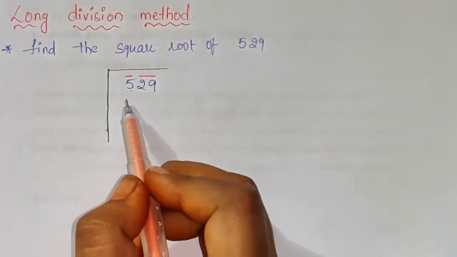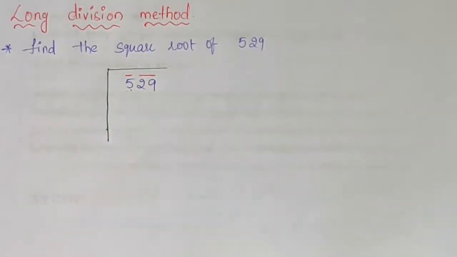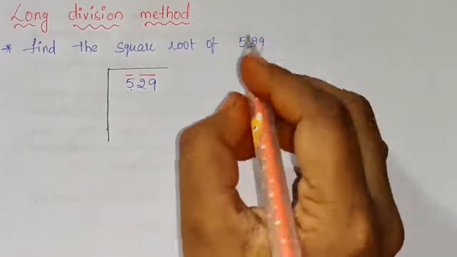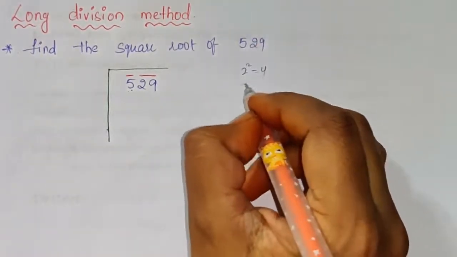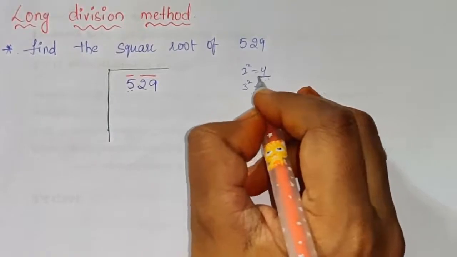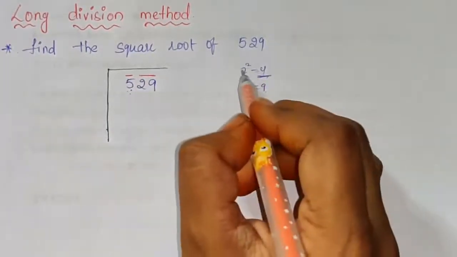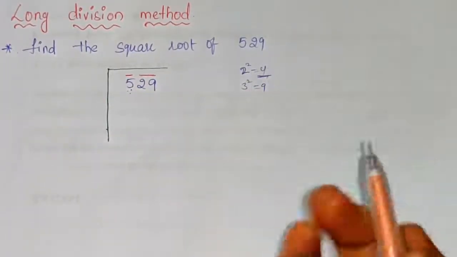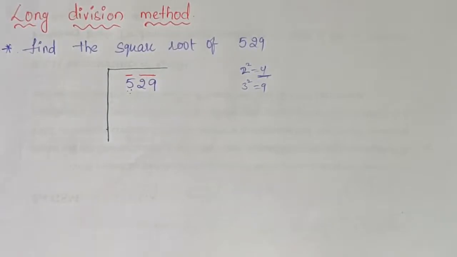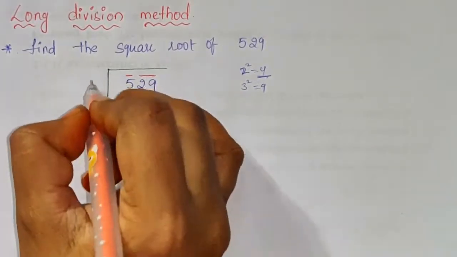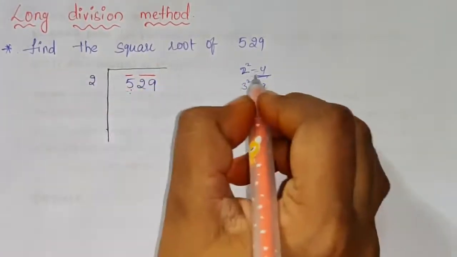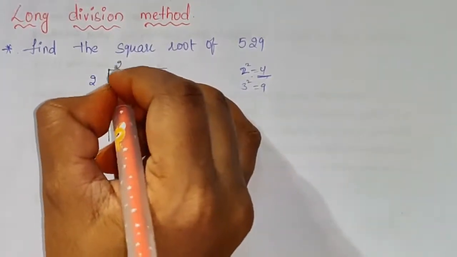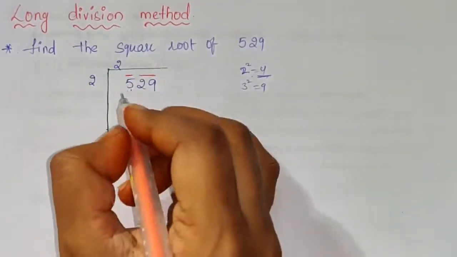So 1 squared is 1 and 2 squared is 4. When you take 3 squared, it is 9. This 4 is less than 5, so 2 is the number whose square is less than 5. So we take 2 here, and 2 twos are 4. So here also 2, 2 twos are 4.